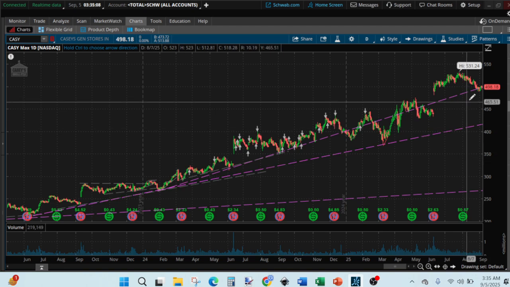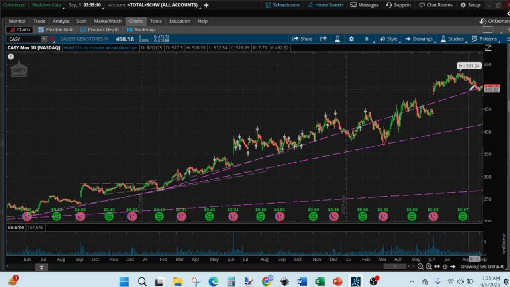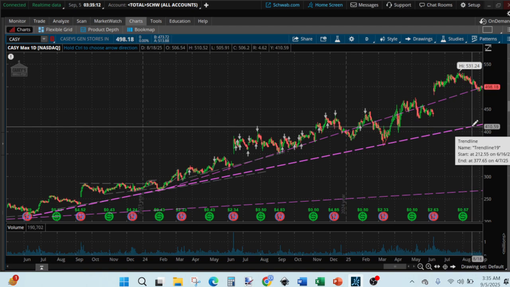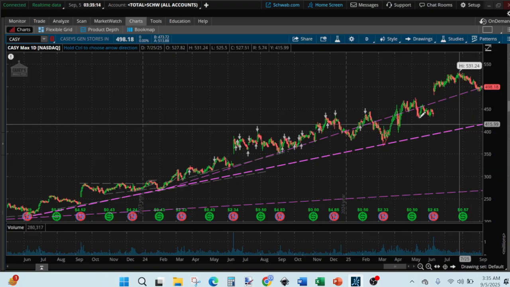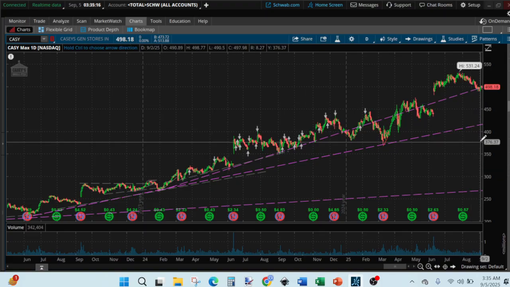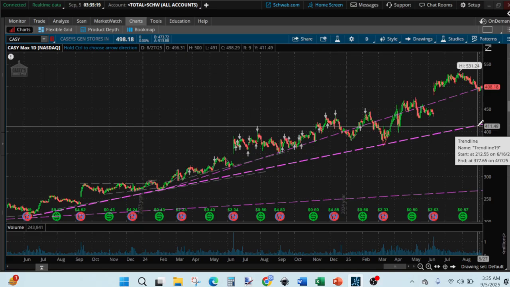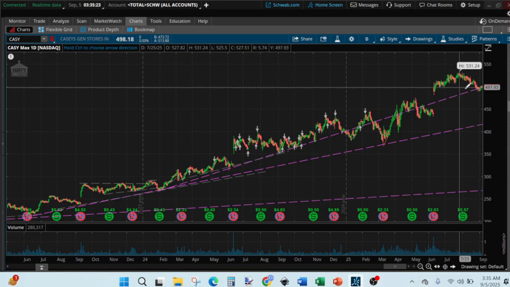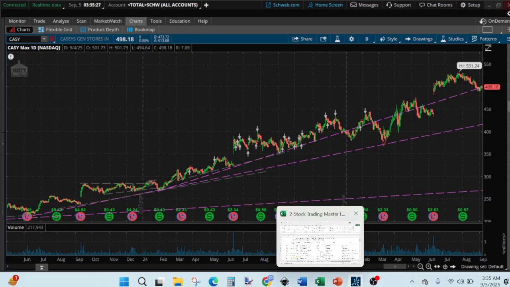Therefore, we are not going to take any action. We are just going to continue observing it. So it might take a while before it comes back to here. We don't know, but so far it seems to be resting on the higher support line.